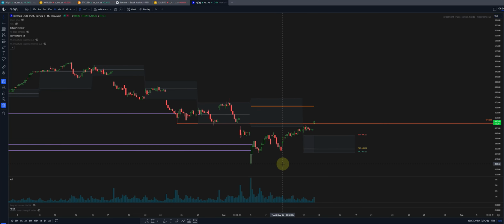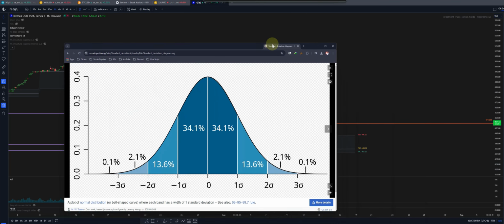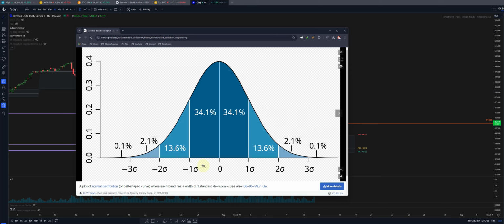And the other concept is called volume at price. To understand the volume at price, first you have to understand the standard deviation. So look here, this is the 0 point, so there is a 34.1% chance that the market can go one standard deviation on this side, or there is a 34.1% chance that the market can go above this price, like +1, and this is -1.